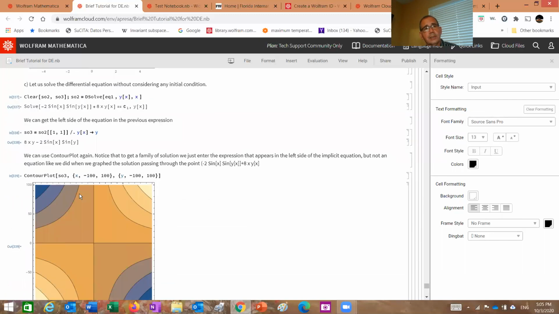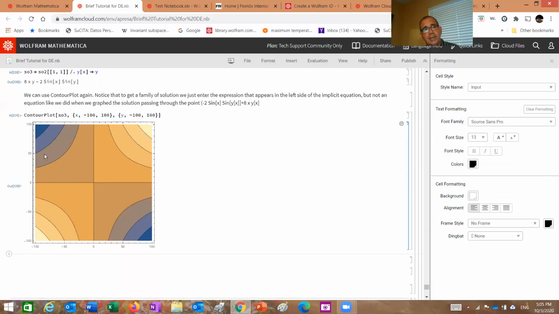It doesn't tell you what values of c it is using. It finds those values of c automatically. But notice that in this case we put only the left side of the equation, and the program itself determines what values of c to pick. And then notice that it produces a very nice graph.